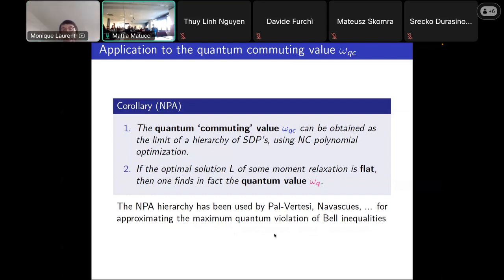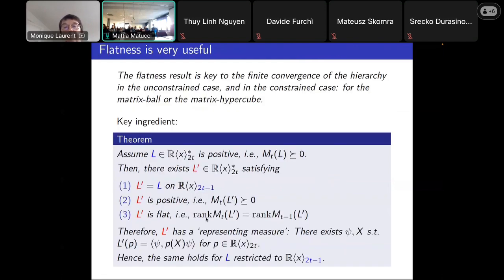Monique? Yes? You have a question? So you mentioned finite convergence, exactness of the first level of the hierarchy, in the case of matrix balls and boxes. And you motivated this by stating the theorem in the previous slide about the flat extension. But if you have additional linear constraints to the matrix ball and box constraints, it also converges at the first level, no?